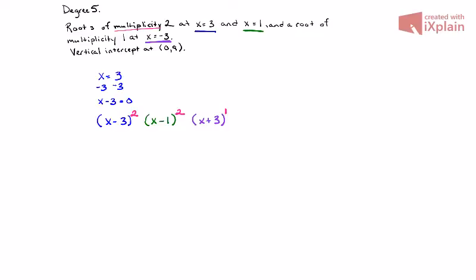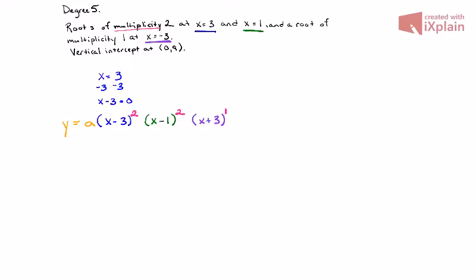The last thing that we need to do is figure out if there's some sort of stretch or compression. As you might recall from previous lessons, we usually denote this vertical stretch or compression by the letter a. So right now our polynomial is y is equal to a times the quantity x minus 3 squared times the quantity x minus 1 squared times the quantity x plus 3.